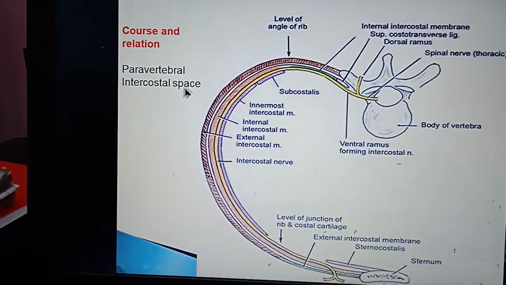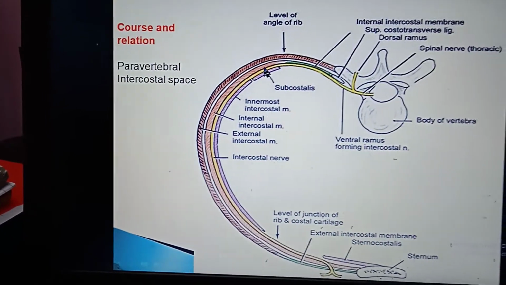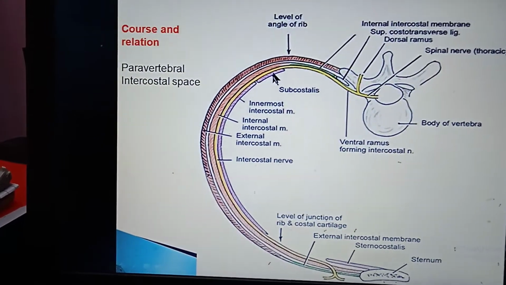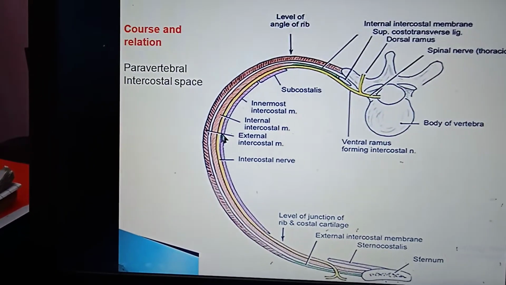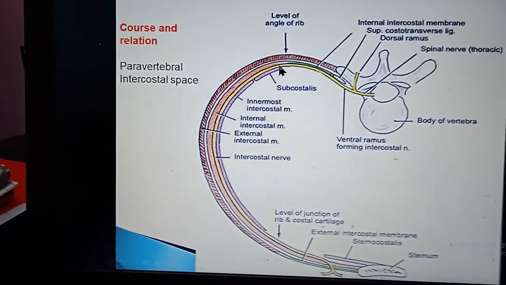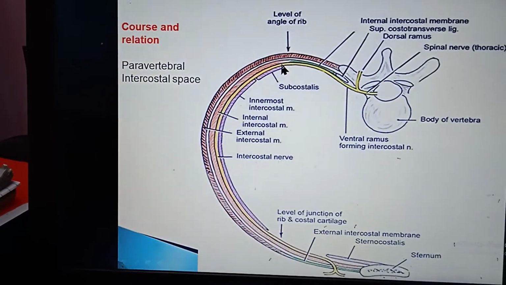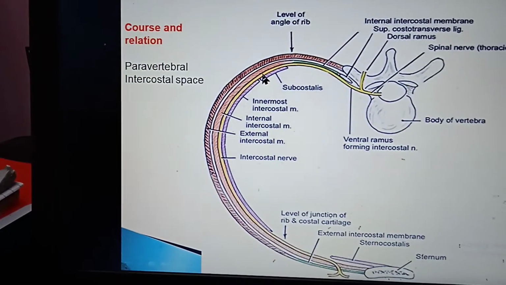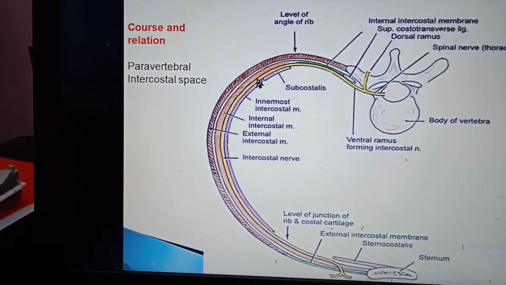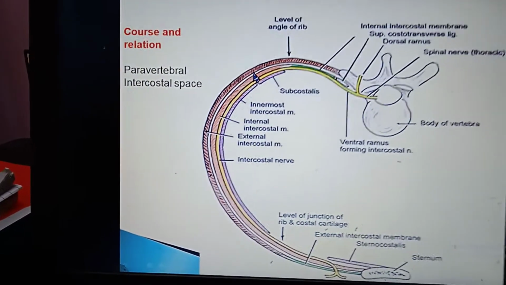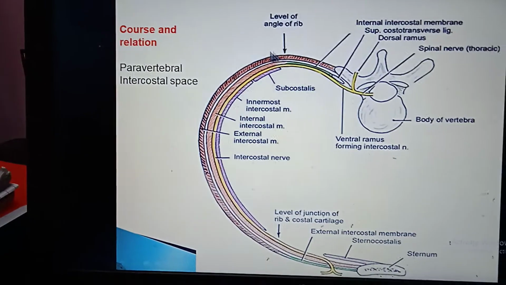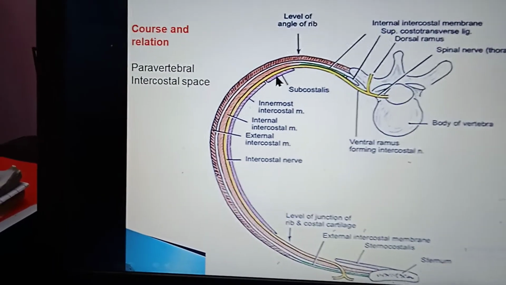Now coming to the intercostal space, we all know that in between the second and third layer there lies the neurovascular plane, and the rib has got costal groove near its lower border on the inner aspect, and it is the inferior most structure. The relation from above downward is vein, artery, nerve, that is the intercostal vein, intercostal artery, and then intercostal nerve.